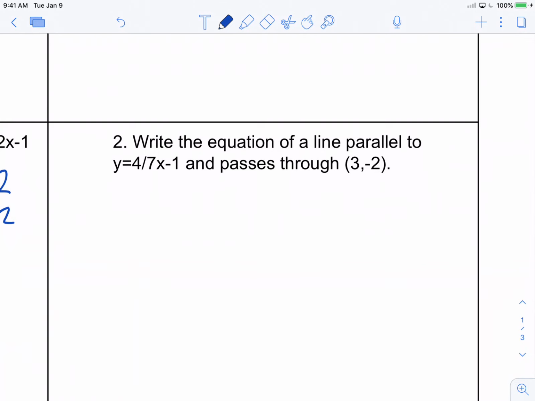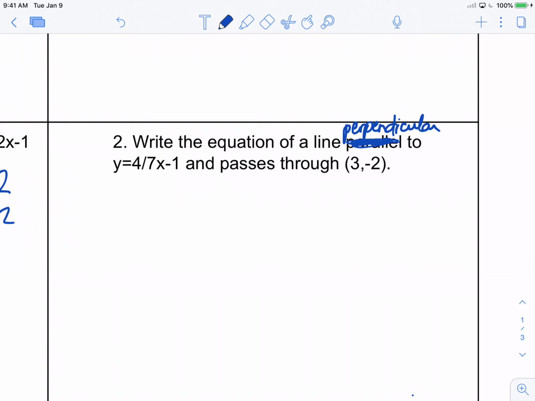All right, now this one. Write an equation of a line perpendicular to the line y equals 4/7 x minus 1 and passes through (3, -2).